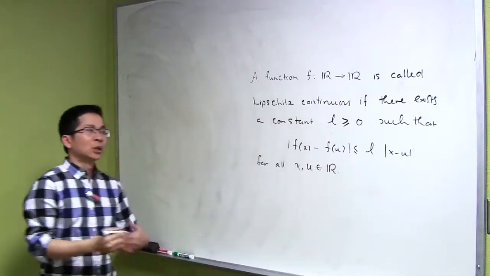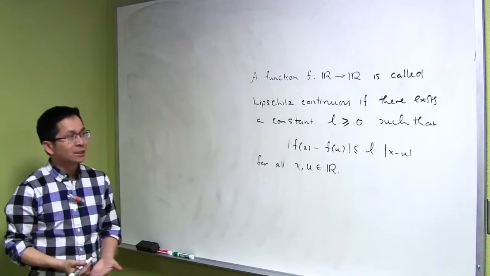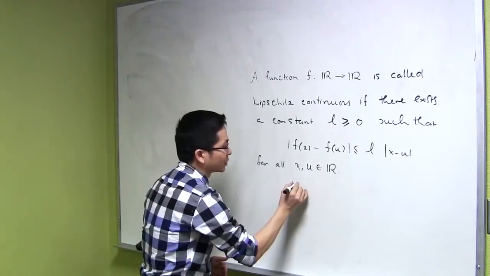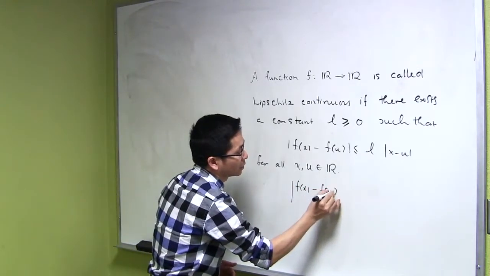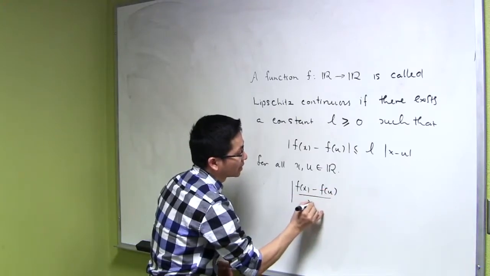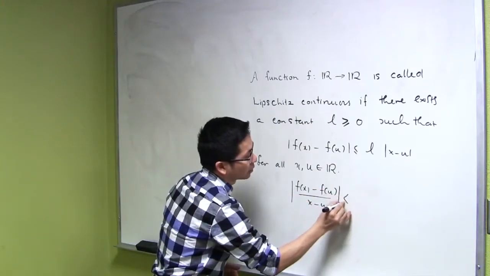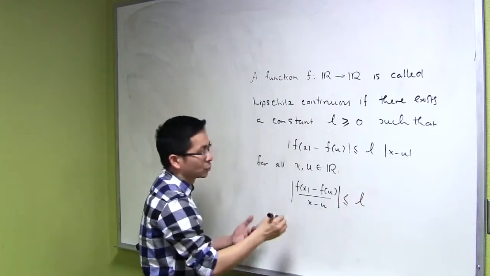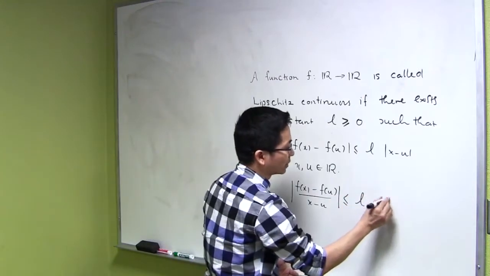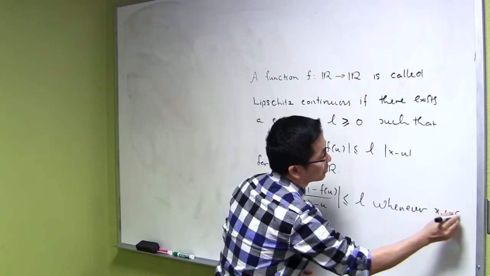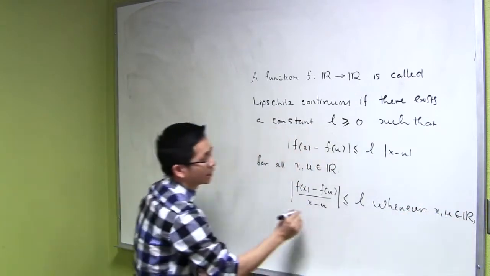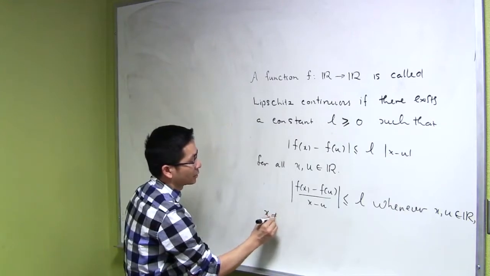Okay, so from the definition, we're going to see the following. The absolute value of f of x minus f of u over x minus u is always less than or equal to L, and this is true whenever x and u are real numbers and x is not equal to u.